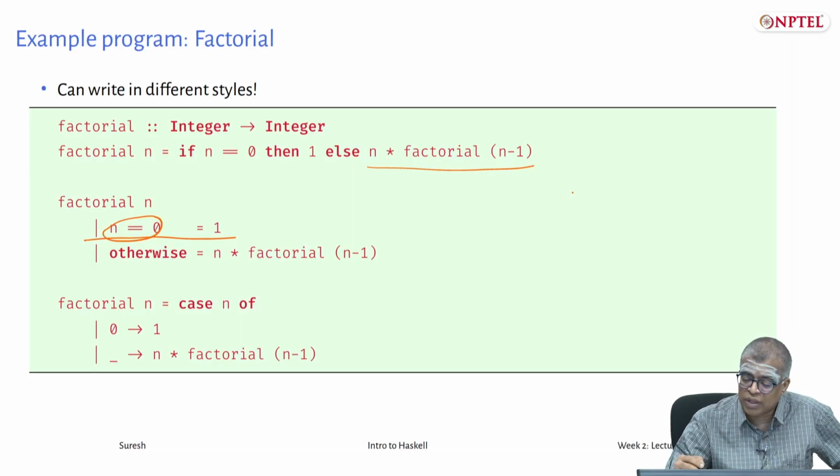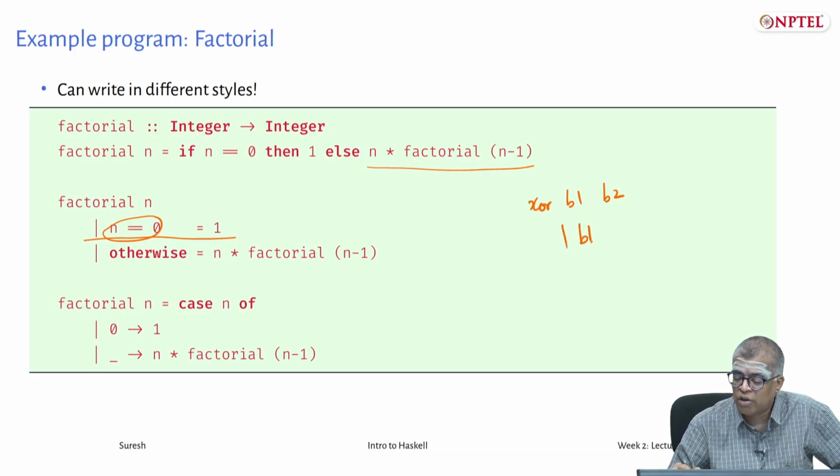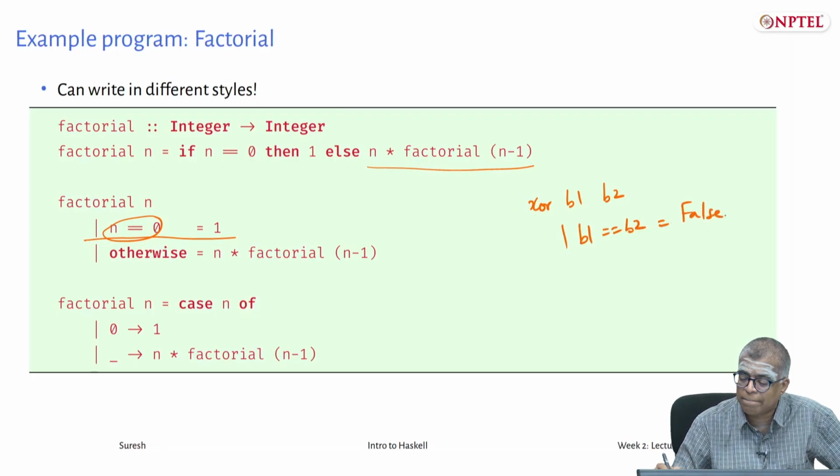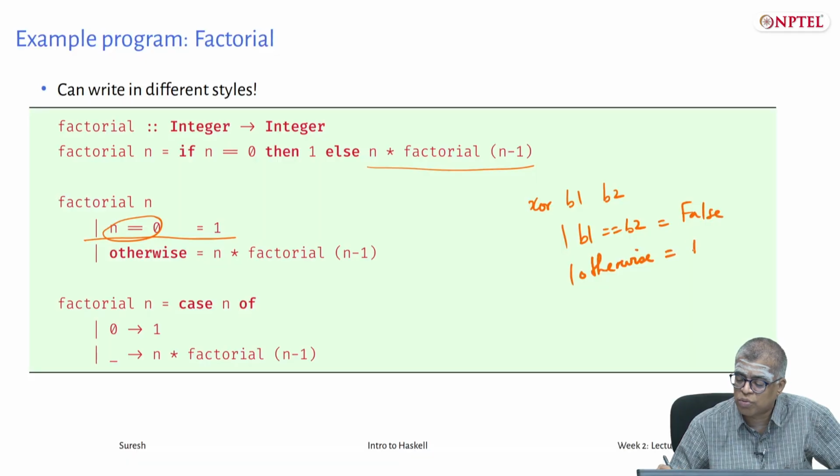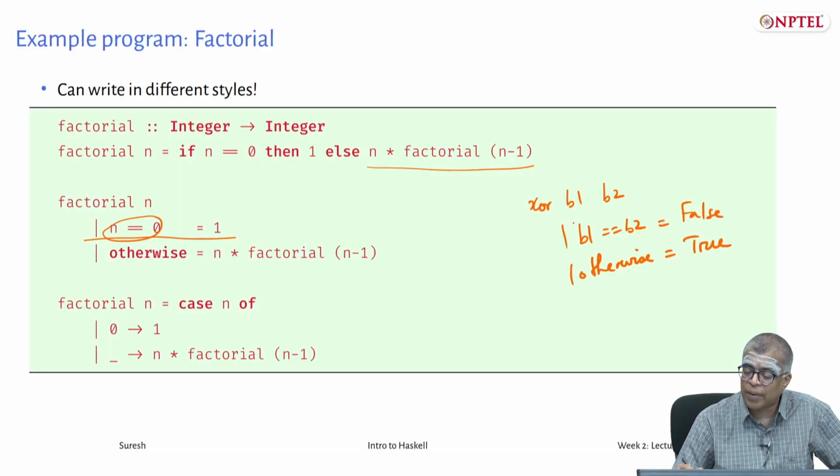Recall that with guarded expressions, I could do things like XOR B1 B2, and I can say if B1 is equal to B2 then return false, otherwise the value is true. This is a complex condition, right?